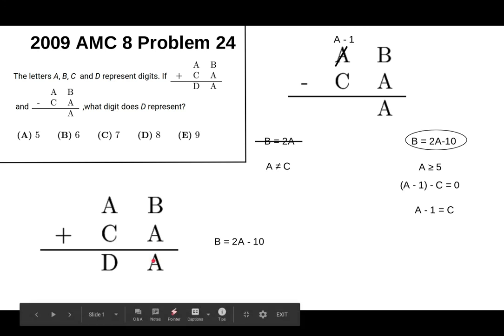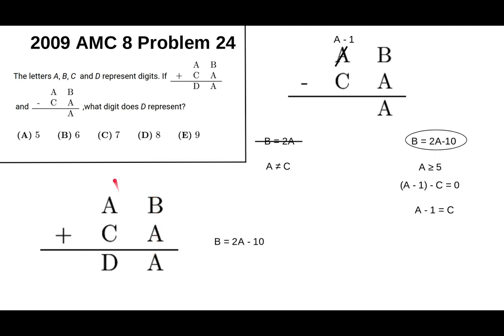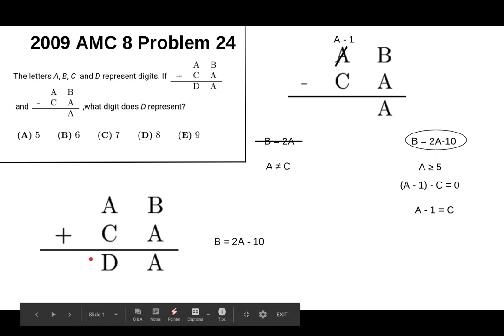Actually, it's impossible for there to be a carryover. Because if B plus A has a carryover, the least possible value of A is 5, and the least possible value of C is 4, and we have to add this extra 1 over here. The carryover will always be 1 if you're adding 2 digits, because 9 plus 9 is 18, and 9 is the maximum value of the units digit. So we have 5 plus 4 plus 1 is 10, and 10 is not a single digit number.